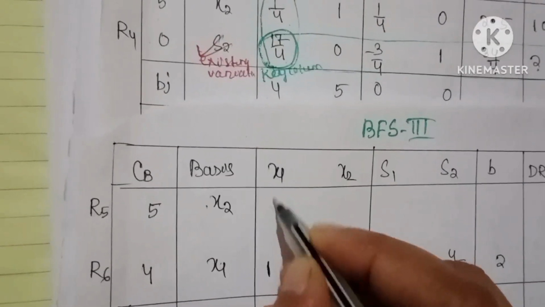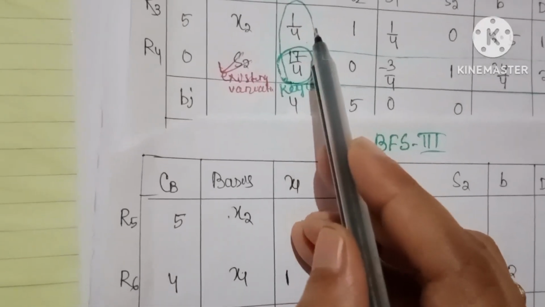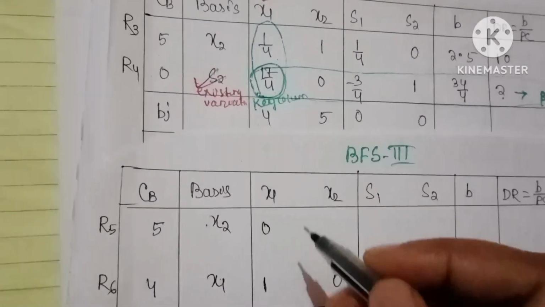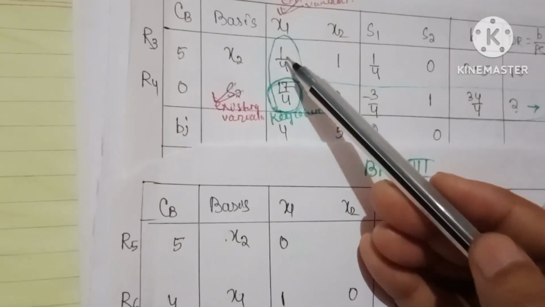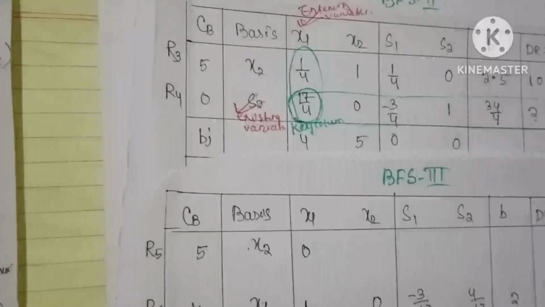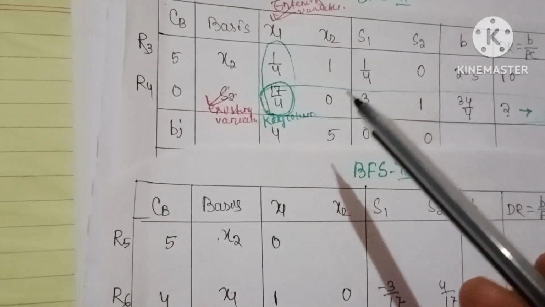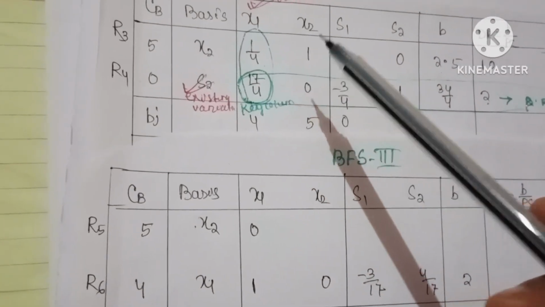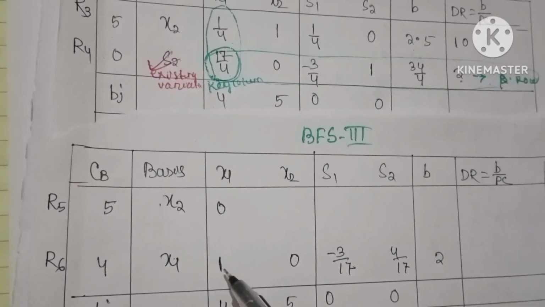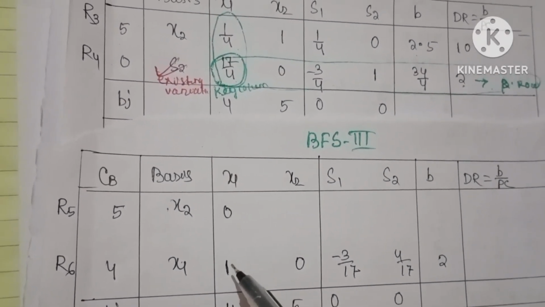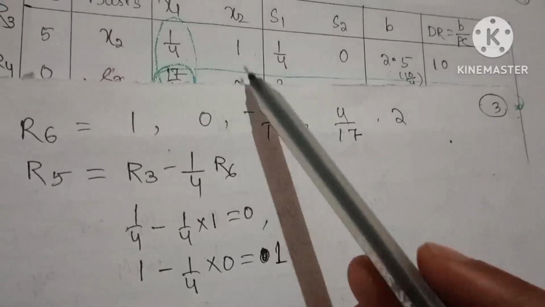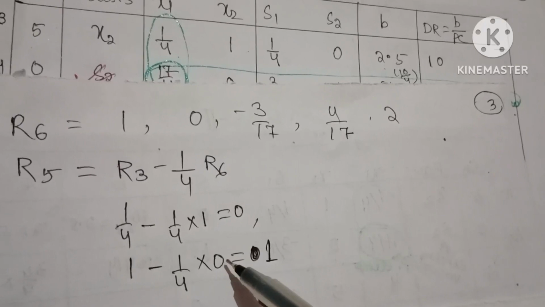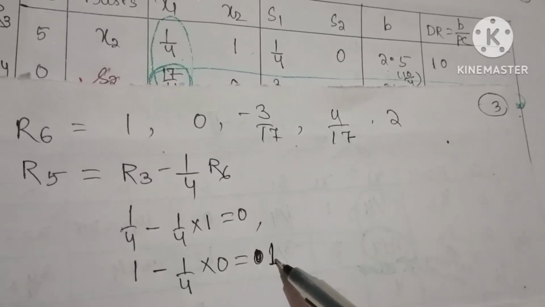Here 1 by 4 minus 1 into 1 by 4 becomes 0. I am repeating how to calculate: row 3, that means the old value, minus 1 by 4 times the revised pivot row. So this is 1 by 4 minus 1 by 4 into 1, which becomes 0. The next is 1 minus 1 by 4 into 0, which equals 1.